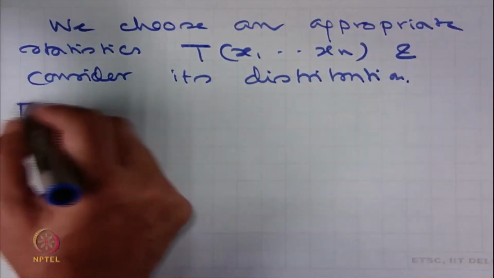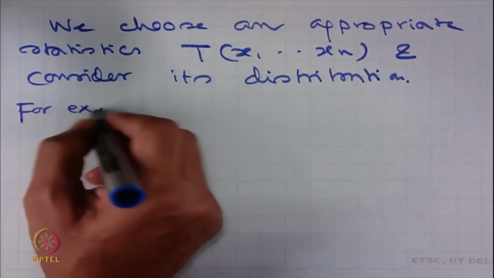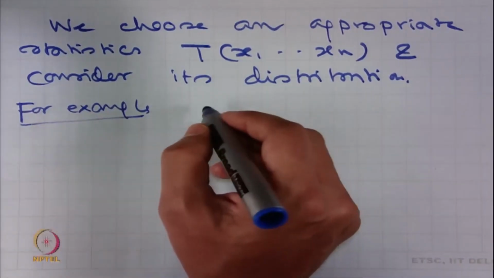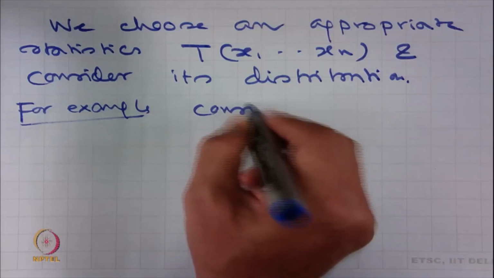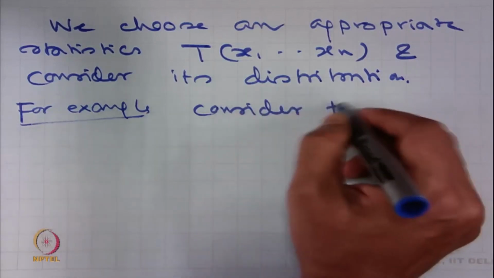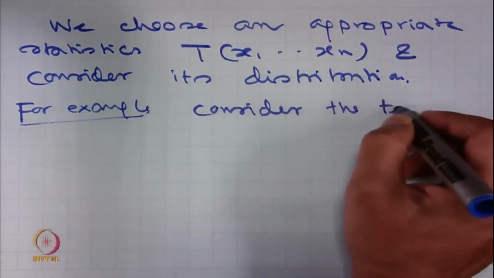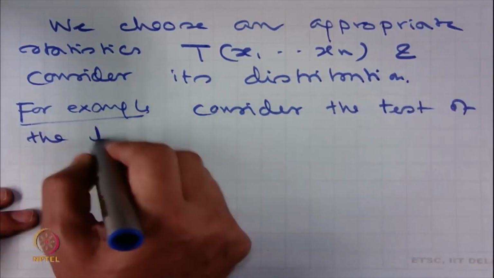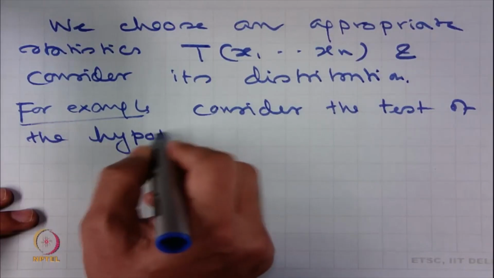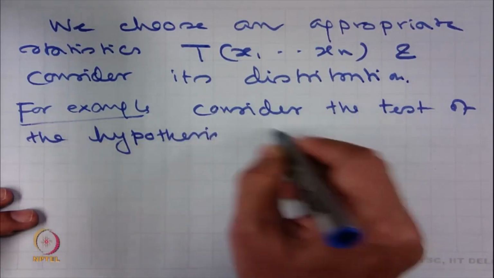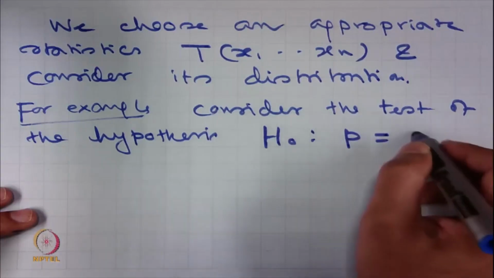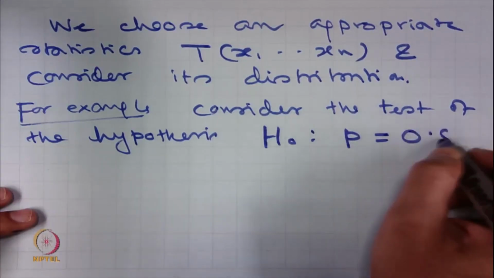For example, consider the test of the hypothesis H naught, p is equal to 0.5.